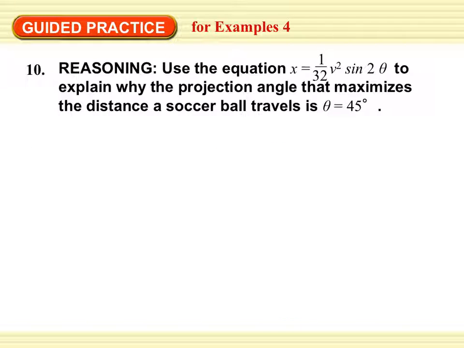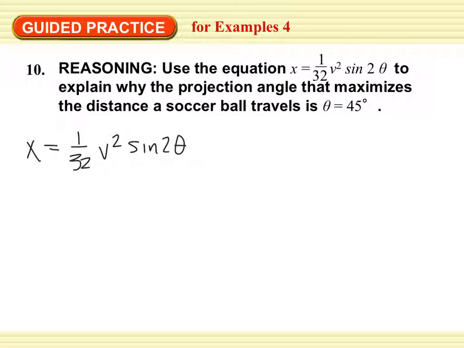If you look at number 10, use the equation x equals 1/32 v squared sine 2 theta to explain why the projection angle that maximizes the distance a soccer ball travels is 45 degrees.